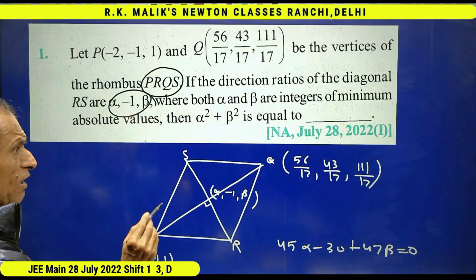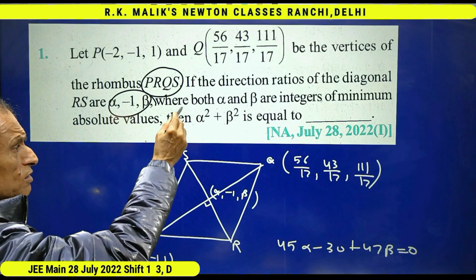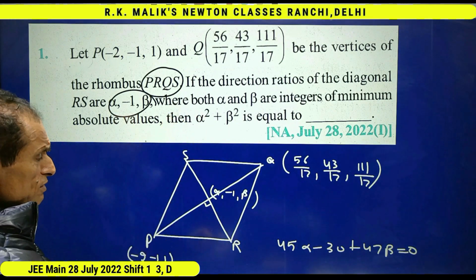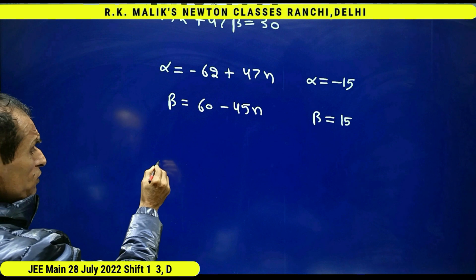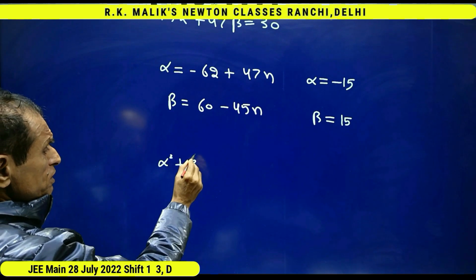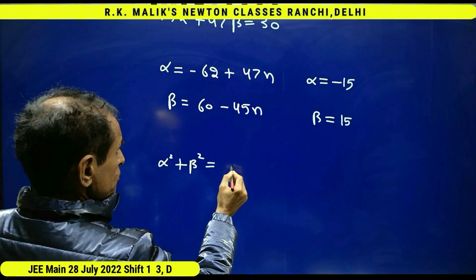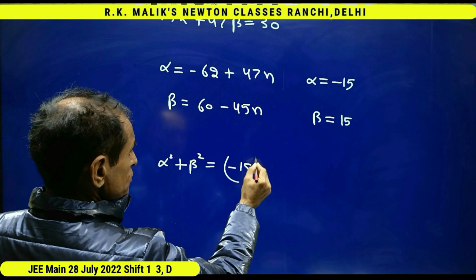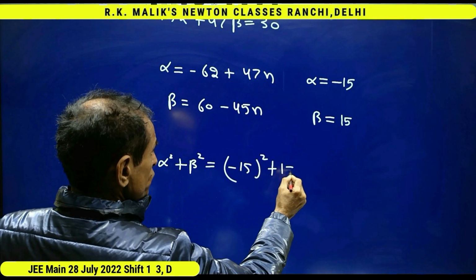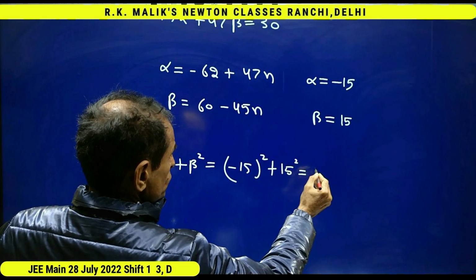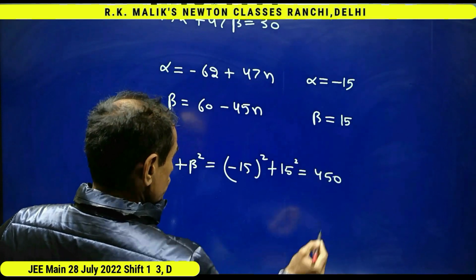And once alpha and beta are found, the value of alpha square plus beta square becomes minus 15 square plus 15 square equal to 450.